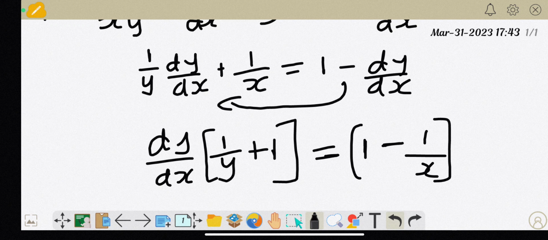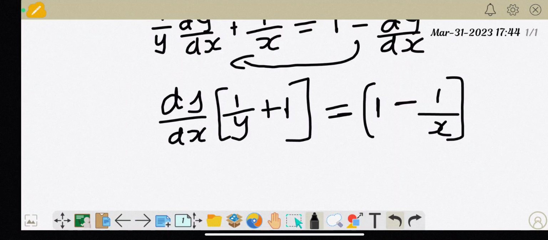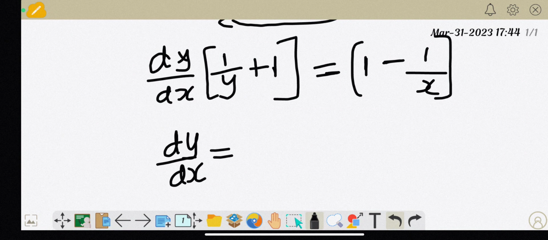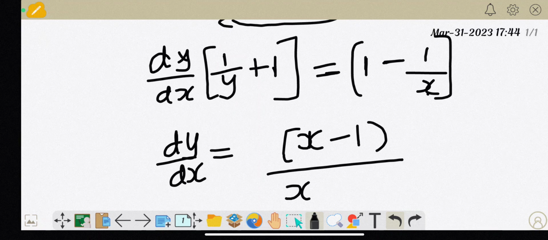Okay, so next step what we can do, we'll try to simplify this. So here I'll just take it to the other side, dy by dx. So here I can write it as x minus 1 divided by x, correct. This I have simplified.